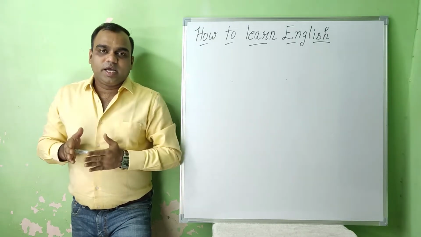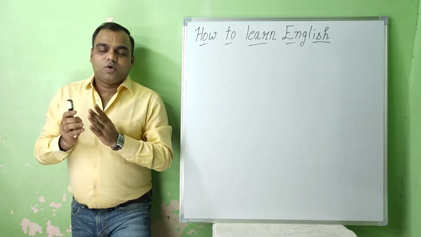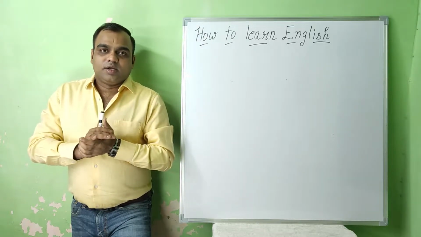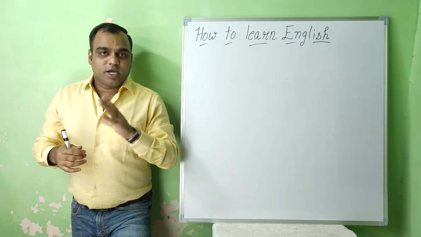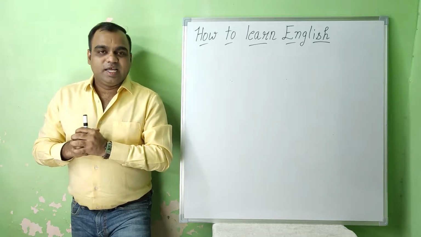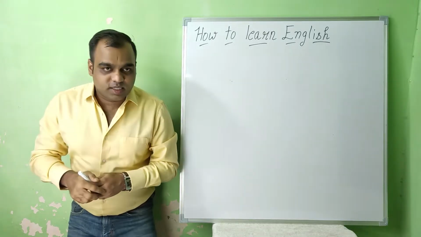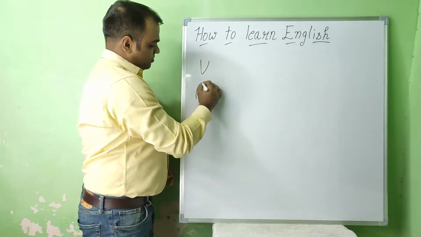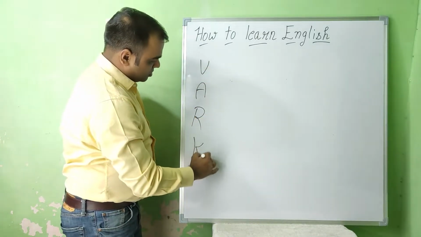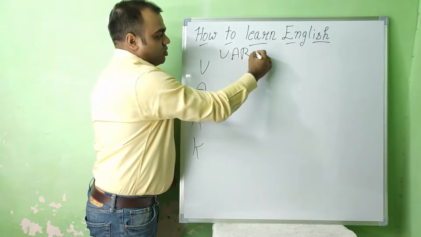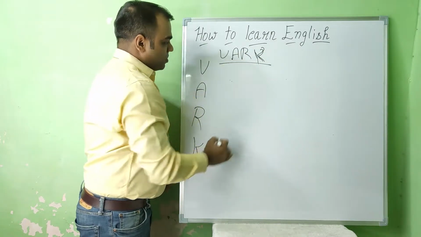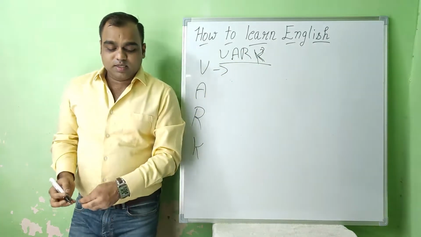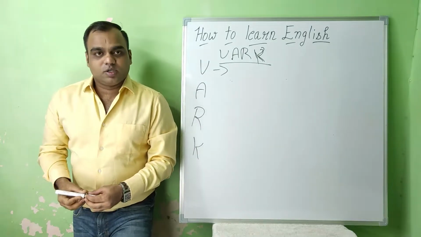So when you're learning English, if you look into the scientific theory, there is a famous educational theorist named Neil Fleming who had the VARK concept, which is the model for student learning.